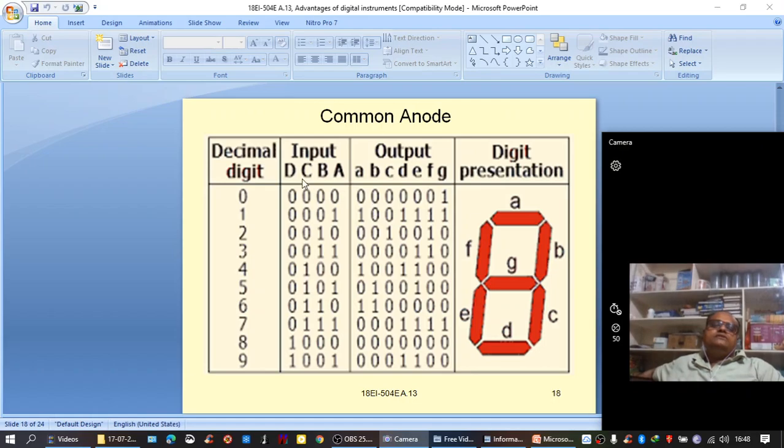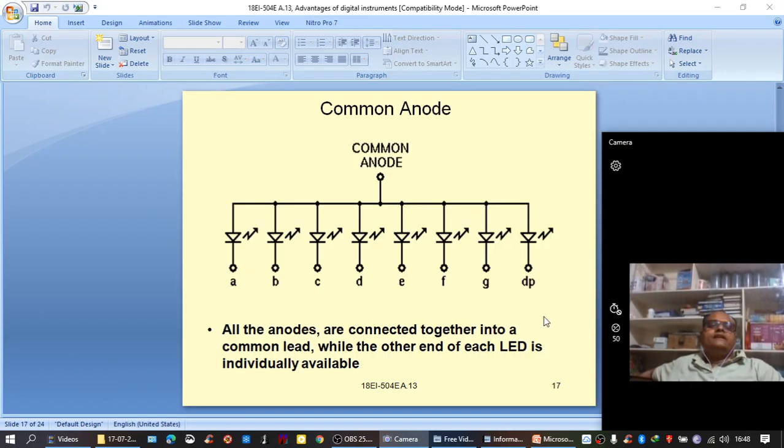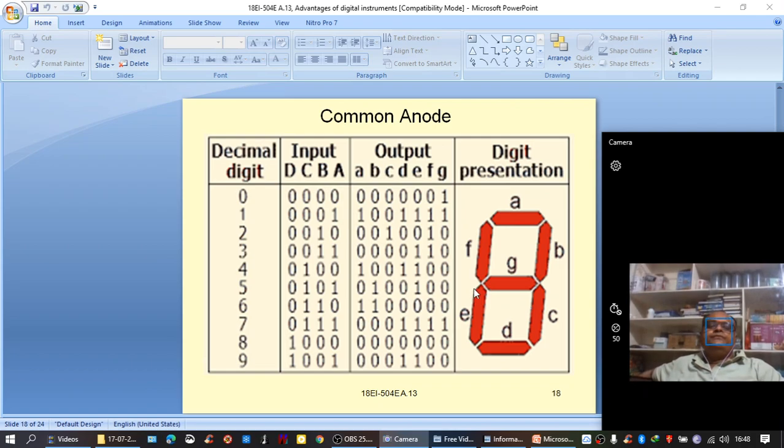In common anode type of display, as I already told, LED gets activated or starts glowing when the bit is 0, because they are all cathodes. When cathodes are at ground potential, then only the LEDs would glow. So here, for the LEDs A, B, C, D, E, F to glow, they are to be grounded.